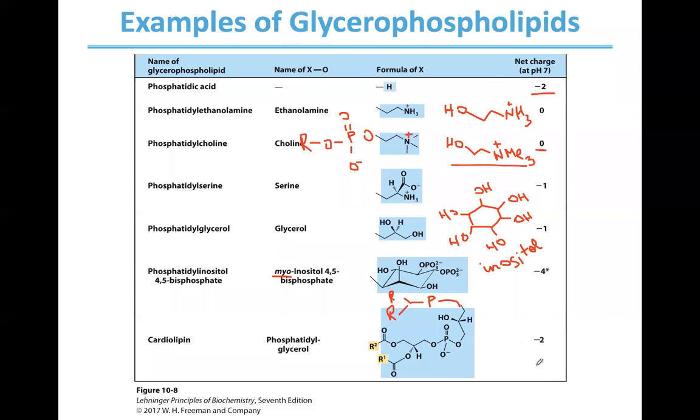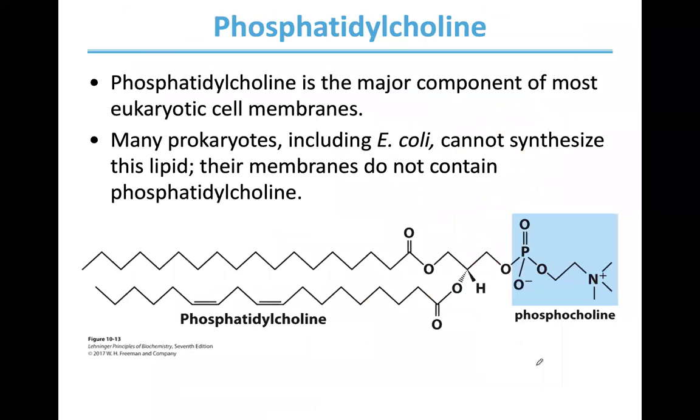All right. Any questions? So these are some main types of lipids that compose cell membranes. So these are glycerophospholipids. So let's just look at some bigger structures of them.